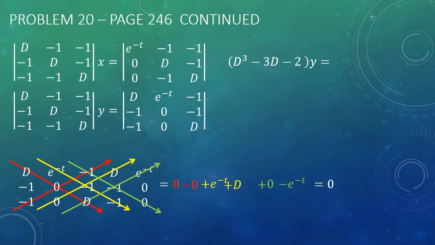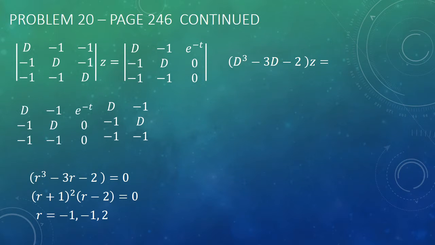So if we look at this, I have an e to the minus t here, a negative e to the minus t, that's 0. And then I have the derivative of something, but it's a derivative of a constant, because where I got this right here, it's a derivative of a negative 1. So that's going to be 0. So our answer is 0 again, and we get the exact same equation that we had for x.